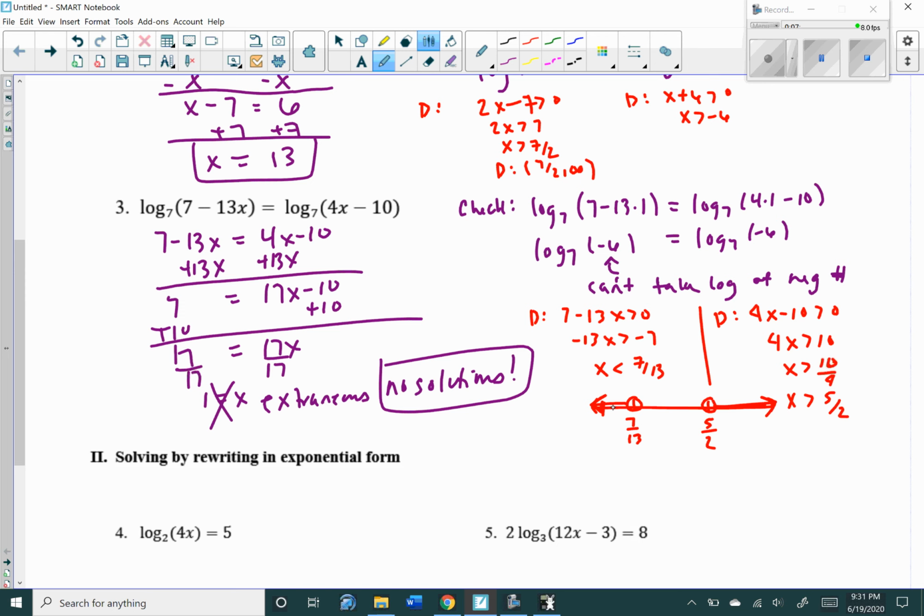So that means that these two graphs, if you were to graph them, would not overlap each other. Therefore, this is not in the domain because one would be in between these two values. And so that's why it's extraneous, because the domain is from negative infinity to 7/13, parenthesis, union, parenthesis, 5 halves to infinity.